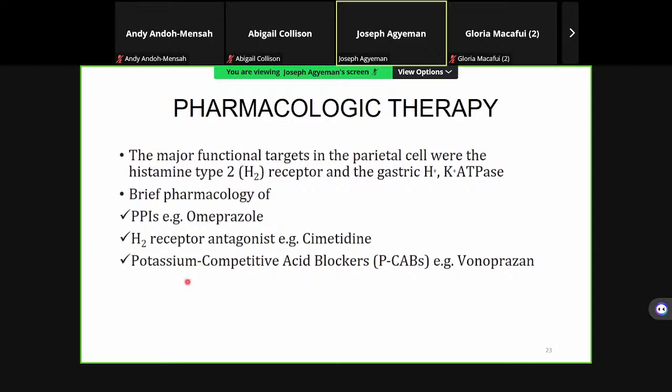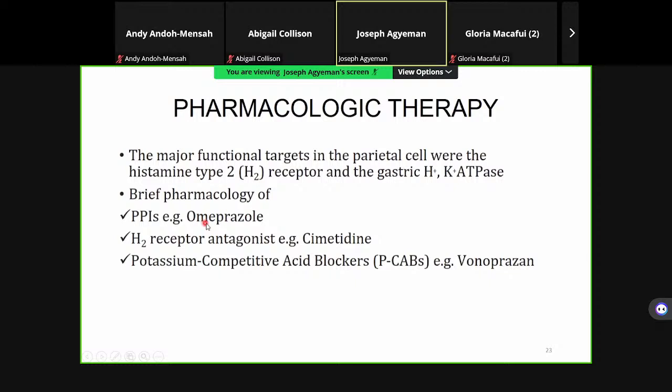Then the newer agents, potassium competitive acid blockers. An example is vonoprazan. So the entry of potassium that exchanges for hydrogen will be competitively blocked by these drugs, so that potassium will not enter for the acid to be released. These agents are comparable to the PPIs.